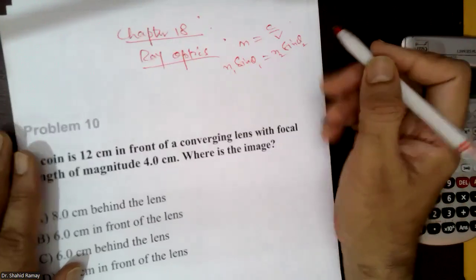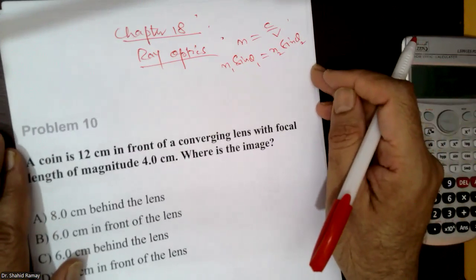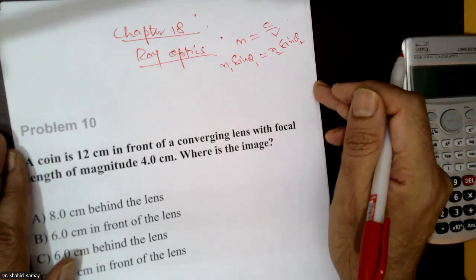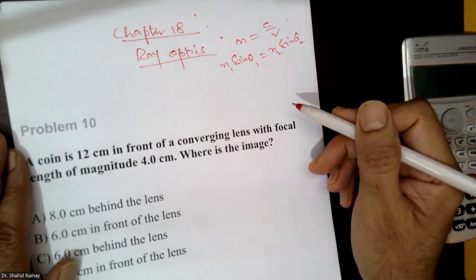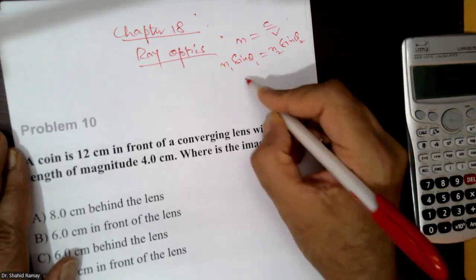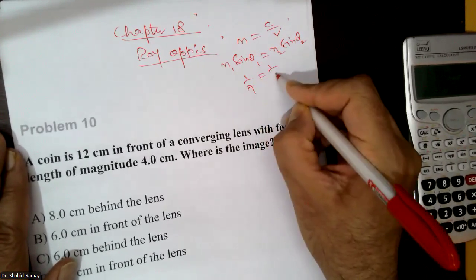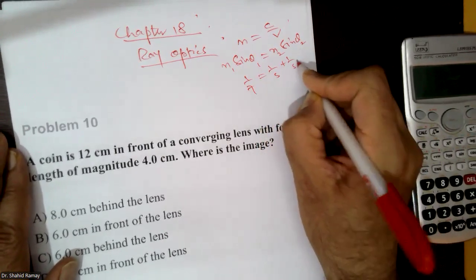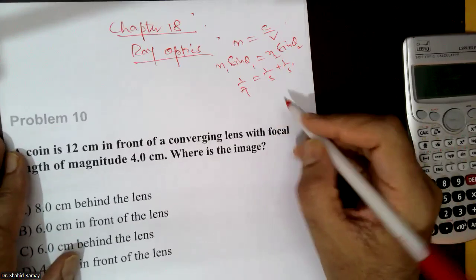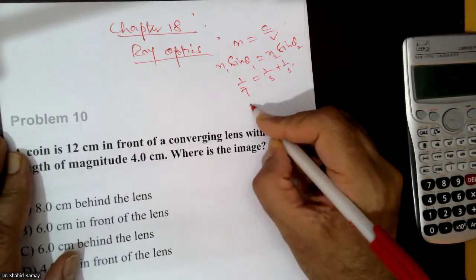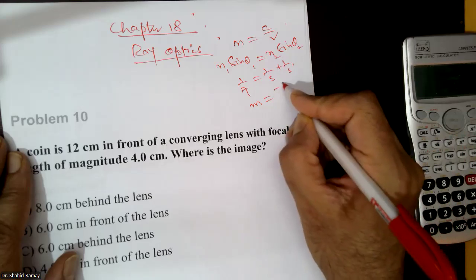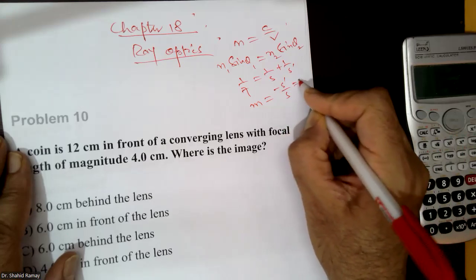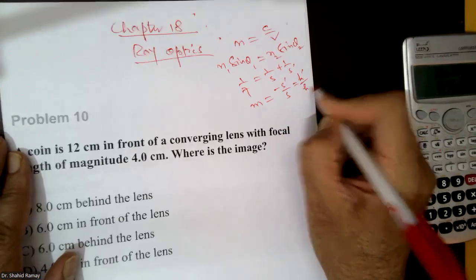And also there are two laws of reflection and two laws of refraction. And then we have studied about the thin lens formula, 1 over f is equal to 1 over s plus 1 over s dash. And then we have studied about the magnification, m is equal to minus s dash over s is equal to h dash over h.